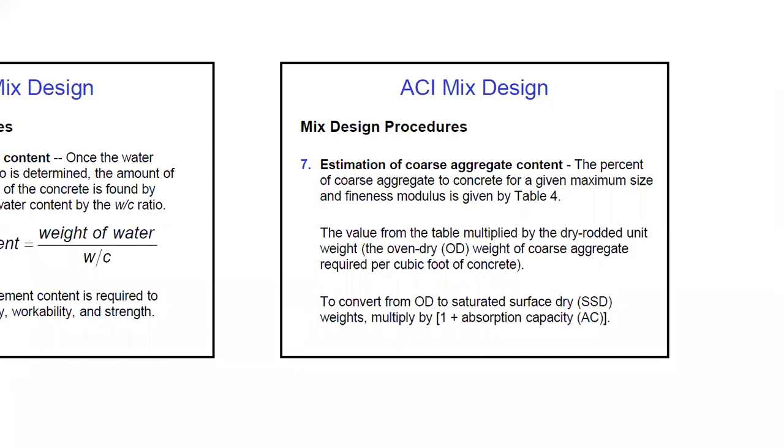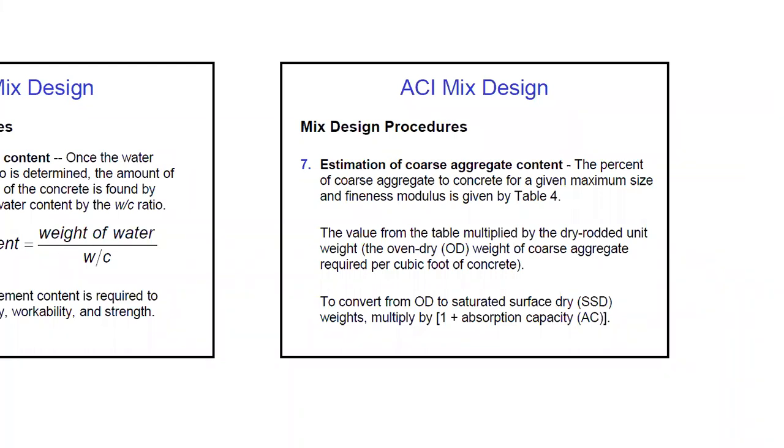Okay? So the value from the table would be multiplied by the dry rodded unit weight. Like if the aggregate is being dried and then it is rodded to fill up a specific volume, and then the unit weight of that volume has been taken out, that unit weight would be multiplied by the value from this table.